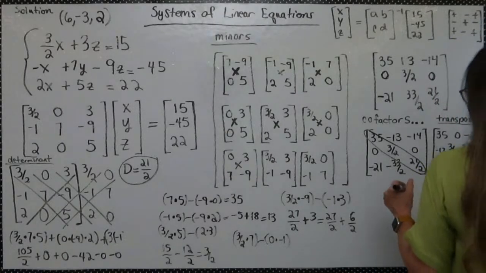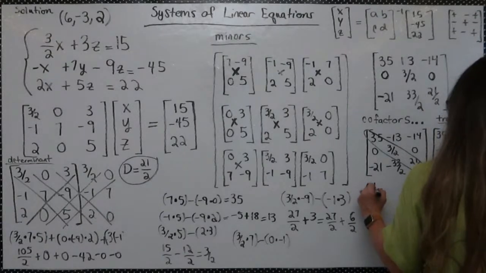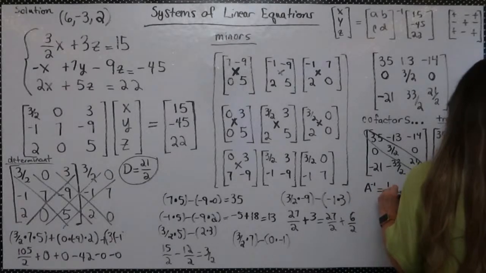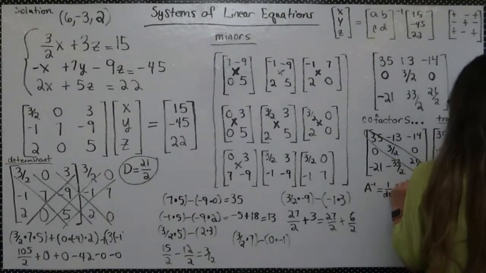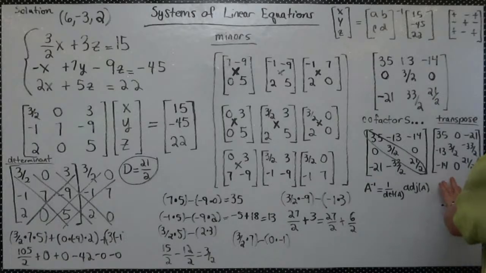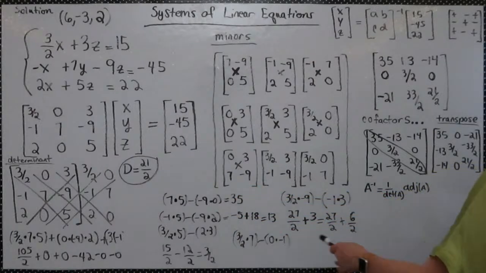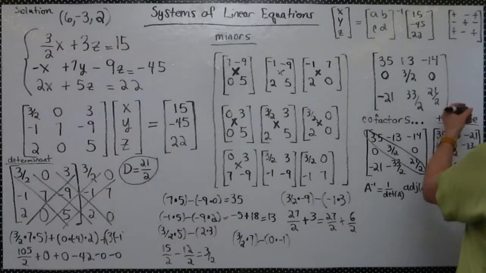So A inverse equals 1 over the determinant of A times what's called the adjoint, adj of A. So that's what we're doing here, calculating the adjoint matrix. We've already got the determinant. So this is the adjoint.